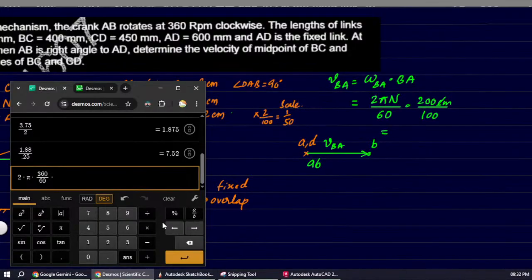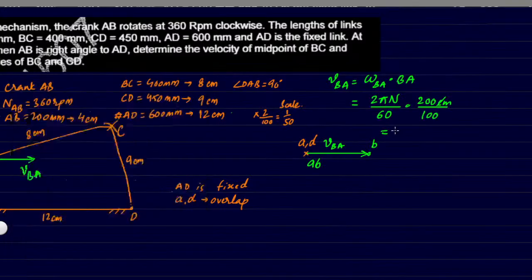This needs to be multiplied with BA length, which is 200 divided by 100. So we are getting 75.398. When we round it off, we get 75.40, in meters per second.